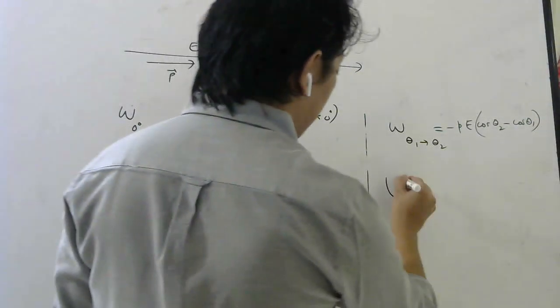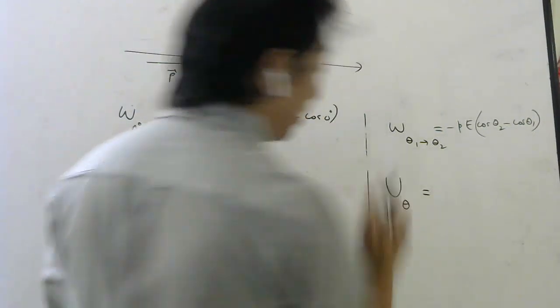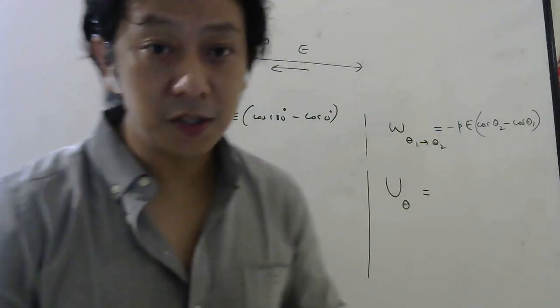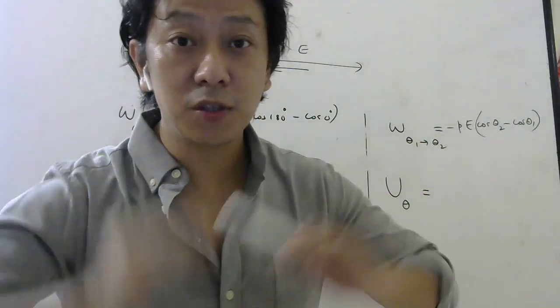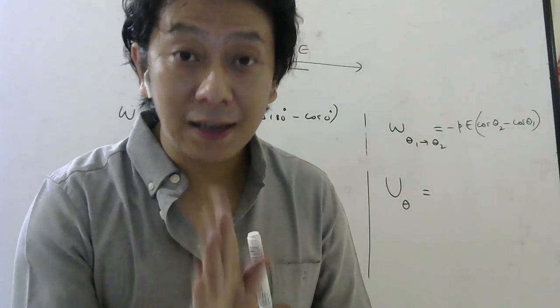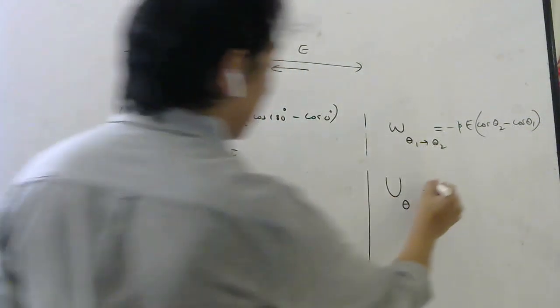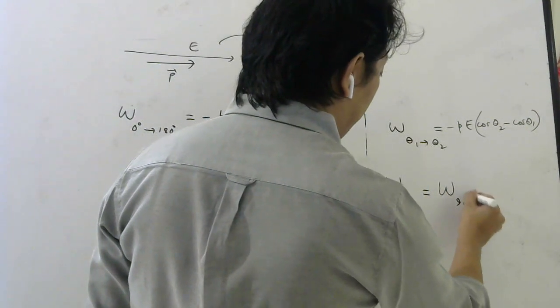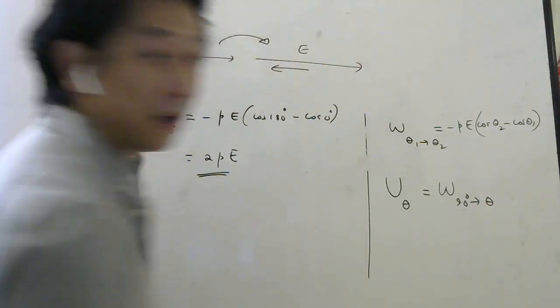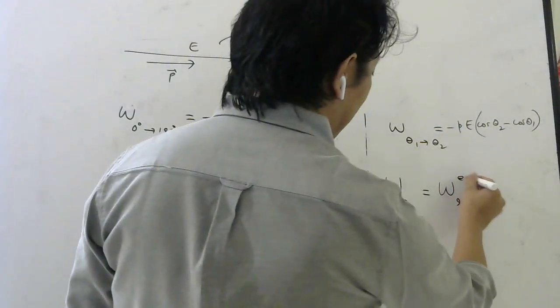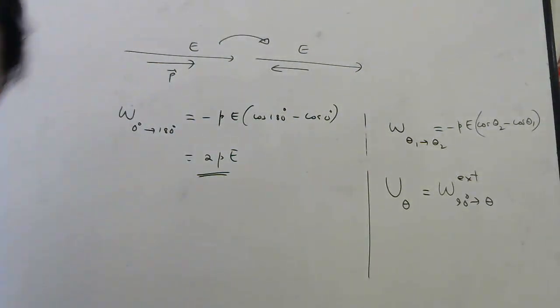Then to find potential energy at angle theta. So if you want potential energy at any position, you have to start from reference. What angle we have chosen reference for dipole? 90 degree. So this is basically work done to rotate the dipole from 90 degree to angle theta by some external agency, whatever it is. Okay, students.